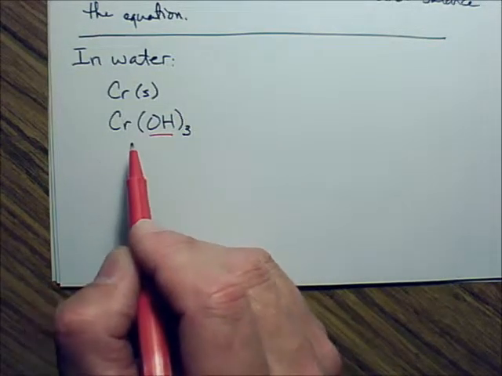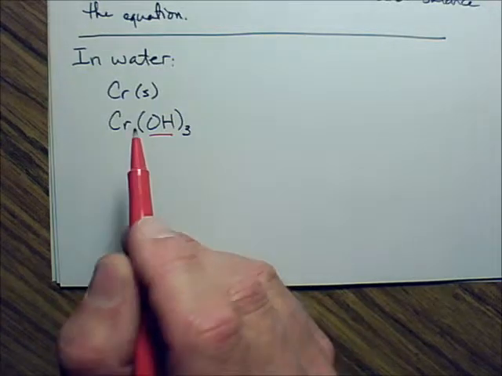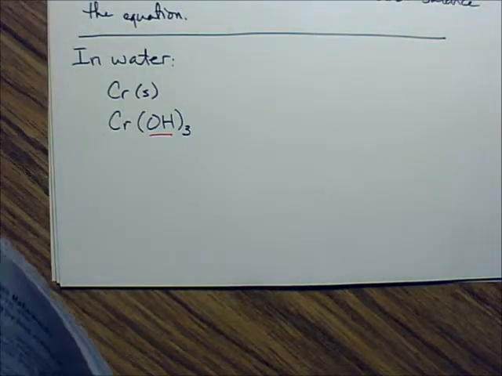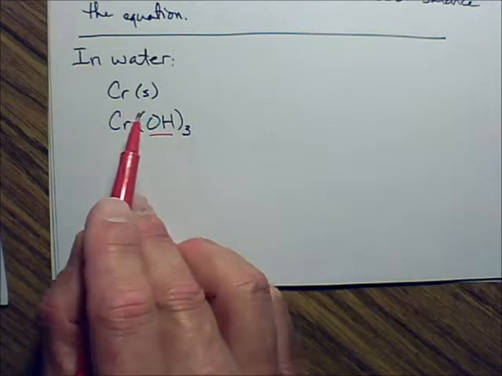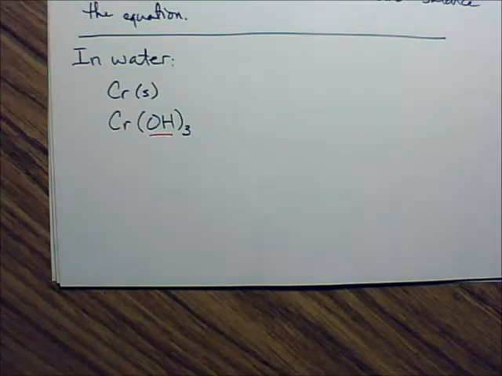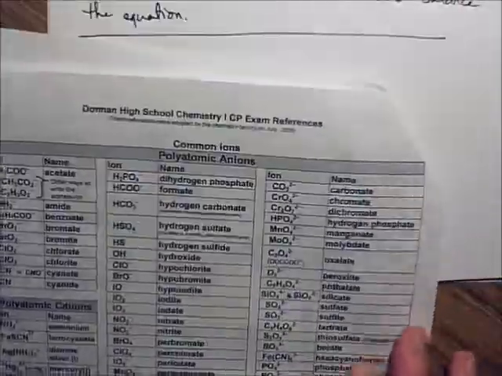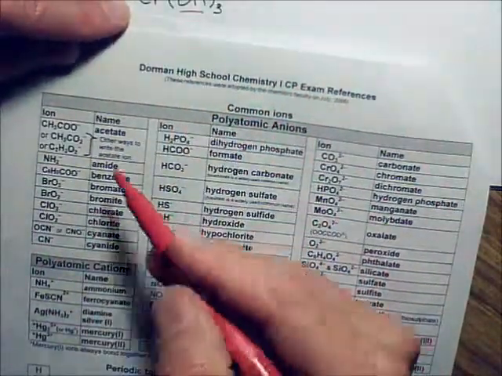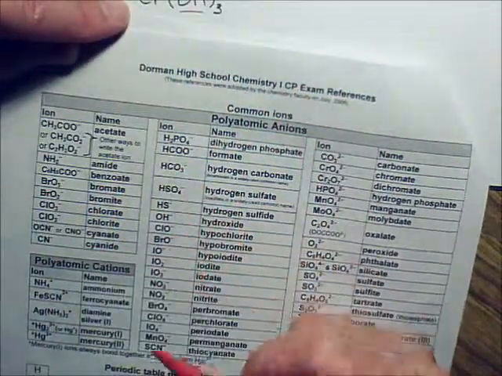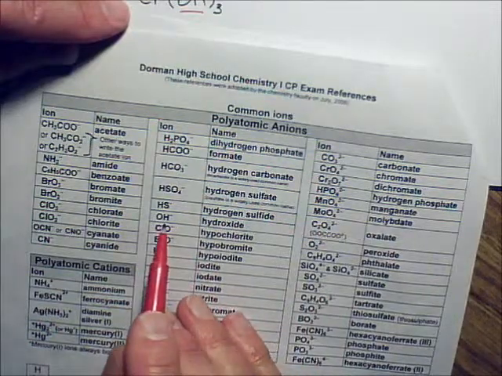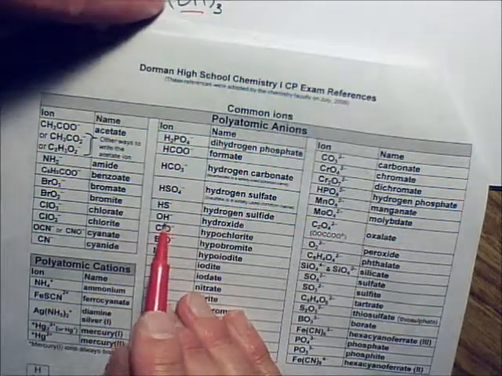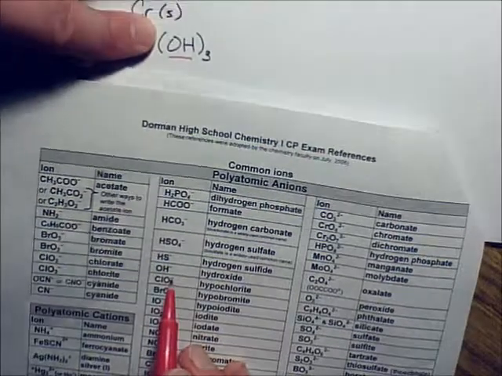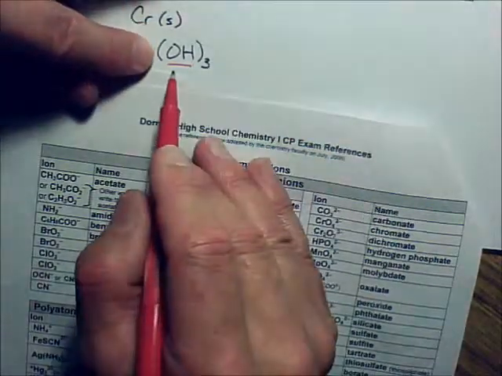If there's more than 2 elements, then you look on the common ions list and see if some part of the formula looks like a polyatomic ion. So here's the common ions list, and you start looking through here trying to find some part of this formula. Whenever you do this carefully, you'll end up right there where OH looks like OH. So that's a hydroxide.